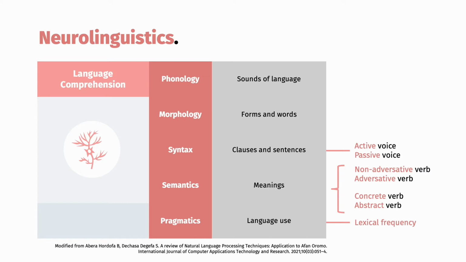However, majority show that adversative verb, which is negatives, tend to be more difficult to understand than non-adversative one. And the last level is pragmatics, which is the level of language used in particular situation and intent of language use.